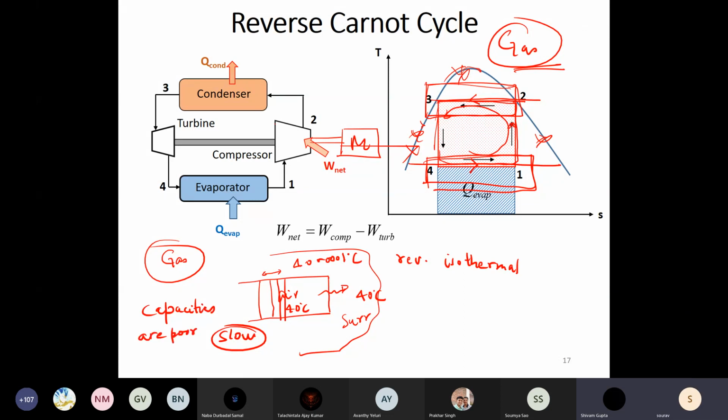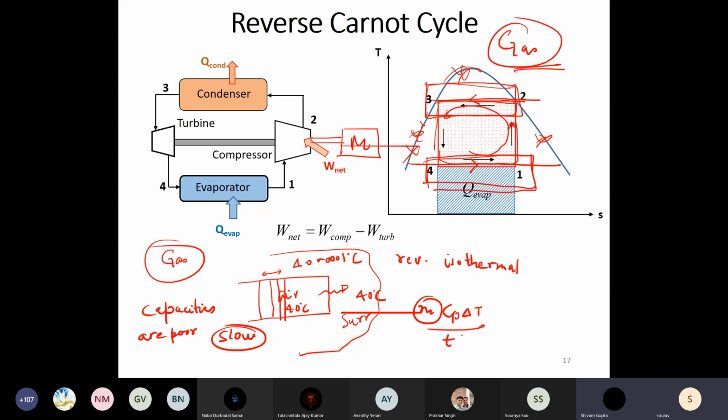You may have a very efficient cycle or system, but you will have very small capacities because you will realize that the rate at which you are cooling the gas or heating the gas, or suppose you have a compressor which is an isothermal compressor instead of an adiabatic one, you will see that your m cp delta T divided by the time in which the cycle is operating, this number is almost going to be 0.